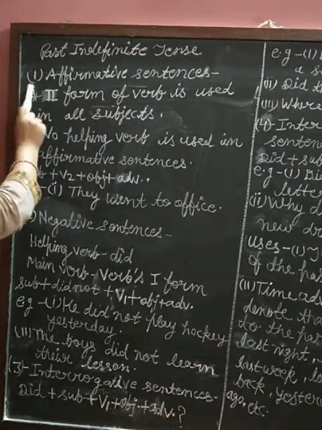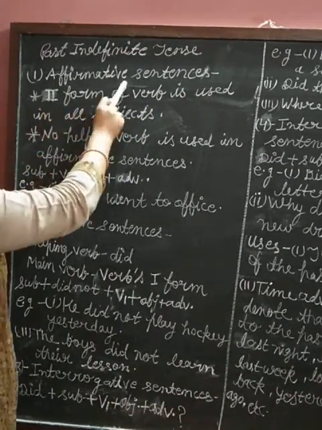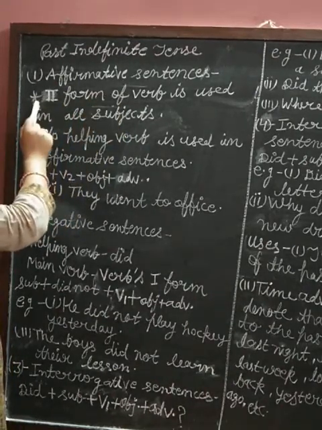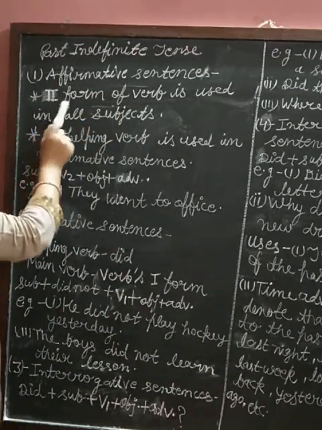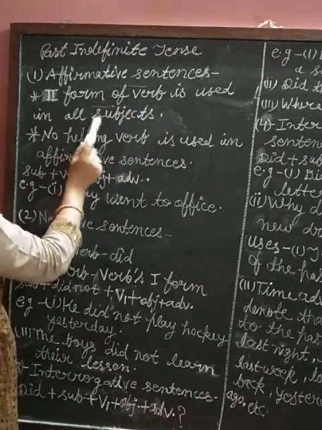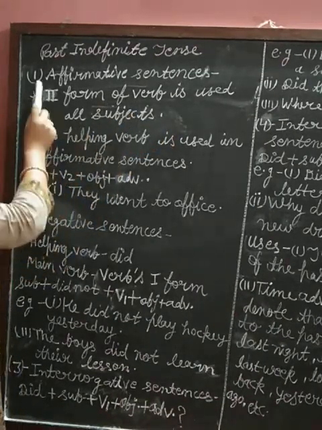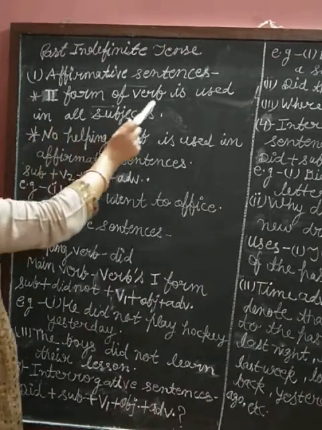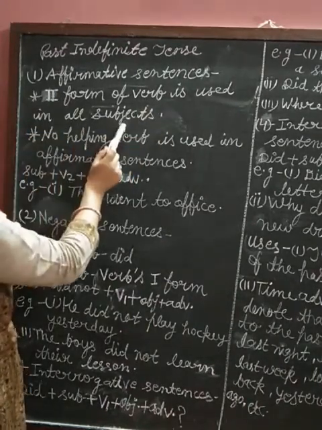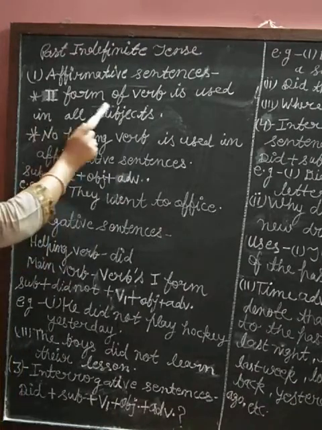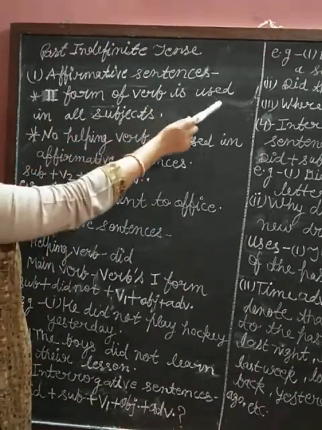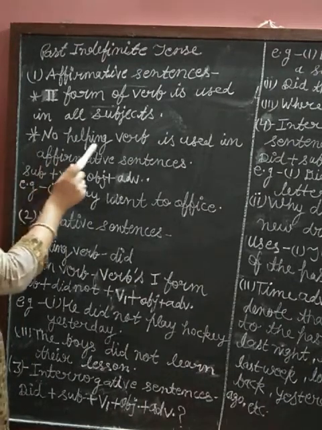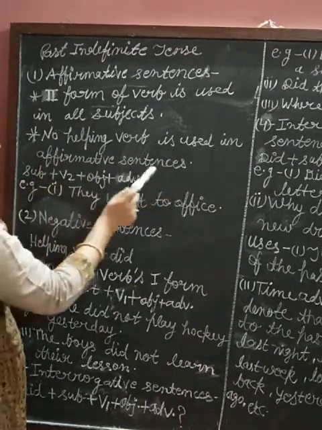Now, affirmative sentences. How do we make affirmative sentences? The second form of verb is used with all subjects. No helping verb is used in affirmative sentences.